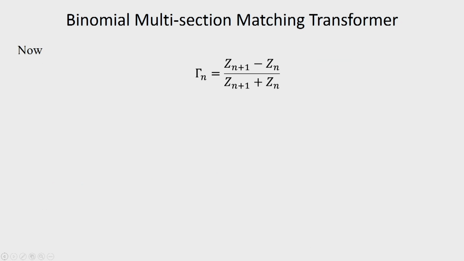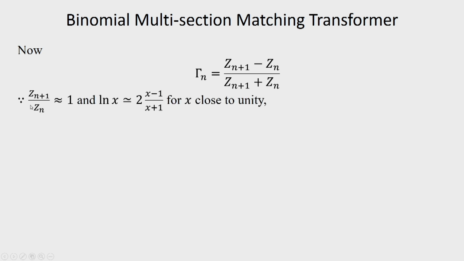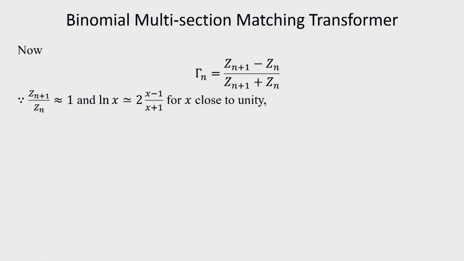Now, we have gamma n is (Z_{n+1} minus Z_n) divided by (Z_{n+1} plus Z_n). As we have said, the change in characteristic impedance from one section to the next section is very small. So, we can use this equation: log of x is approximately equal to 2 times (x minus 1) divided by (x plus 1) when x is close to unity.